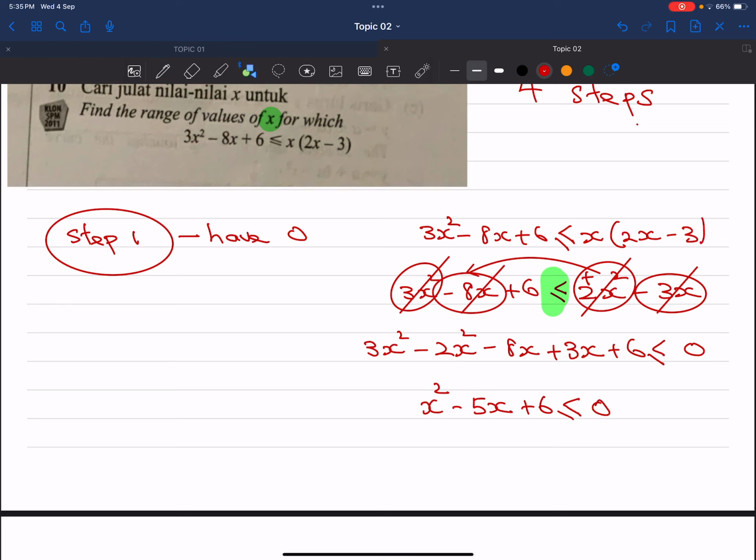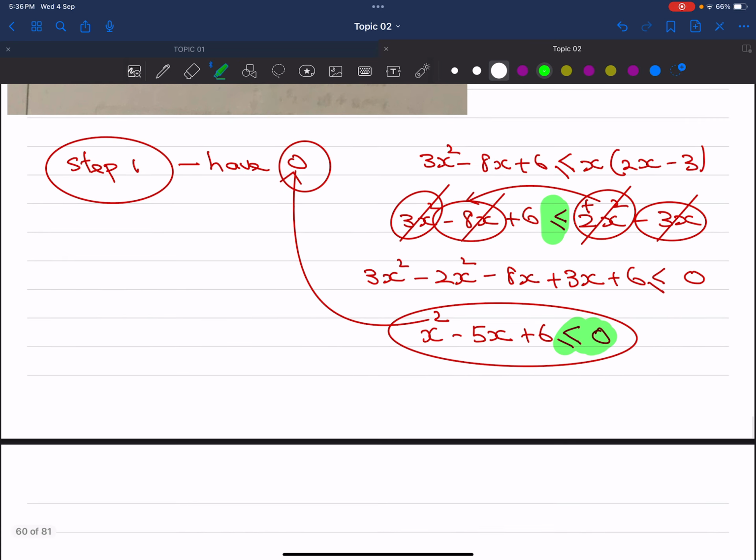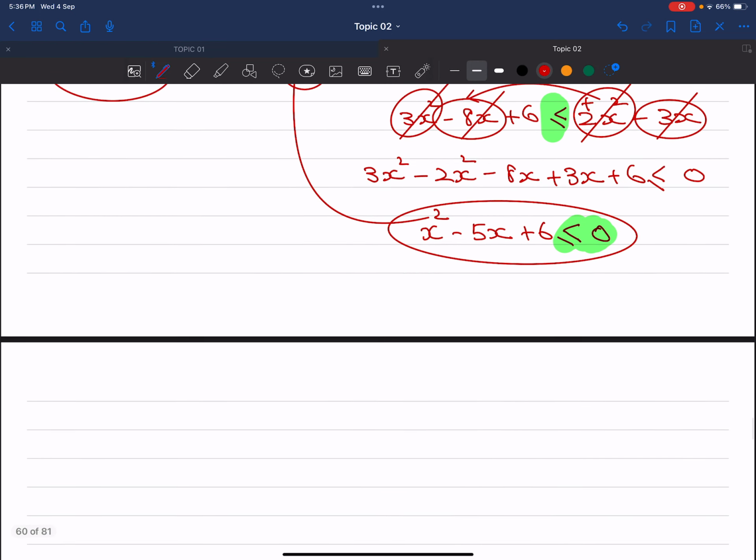I have completed my step 1, which is it must have 0, and we already got the 0. Okay, this was step 1. Now we look at step 2.